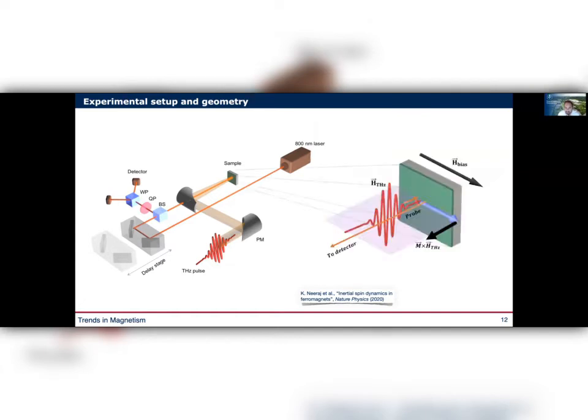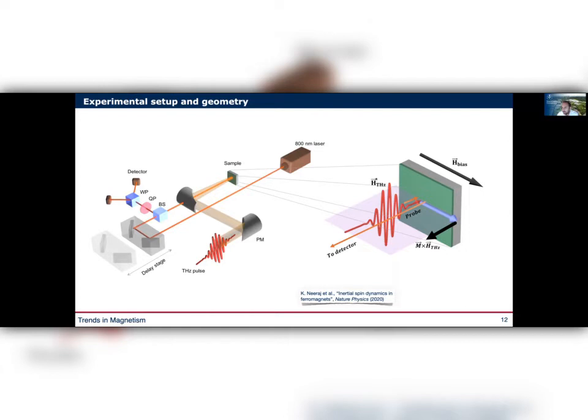If we zoom in on the sample, what you see here is the probe coming in and getting reflected back. And here, most importantly, is the pump. So the way we were setting the magnetization was to apply a slight magnetic field bias, just to saturate the sample in plane. So this blue is the magnetization of the sample.